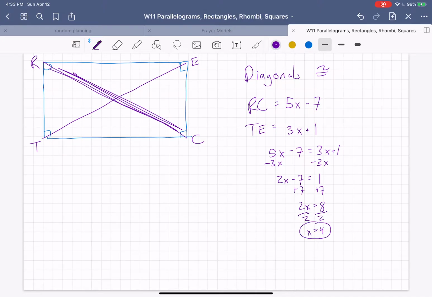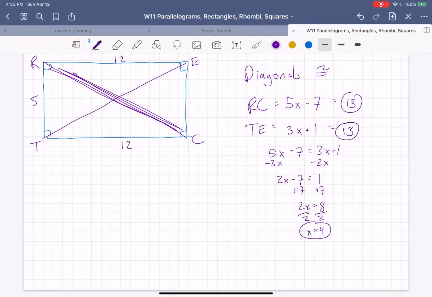Not quite our final answer. We have to plug it back in. So we get 13 and 13. So both these diagonals are 13. We could also do a lot more information with the rectangle because it's still a parallelogram. So like this side might be 12, which means the other side must also be 12.